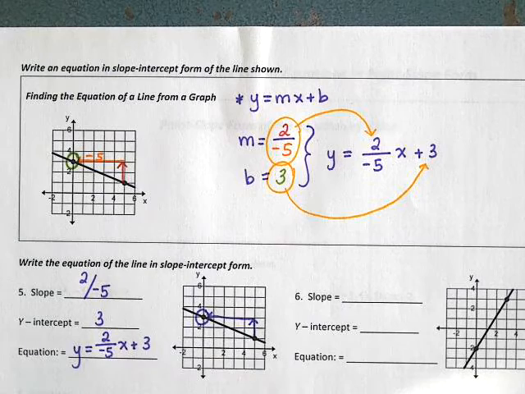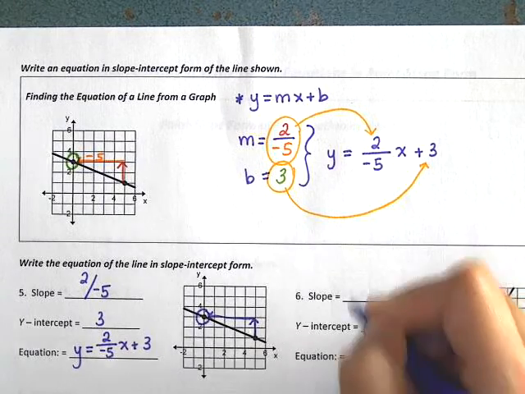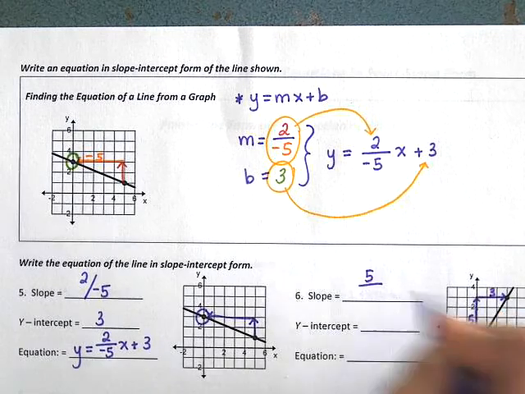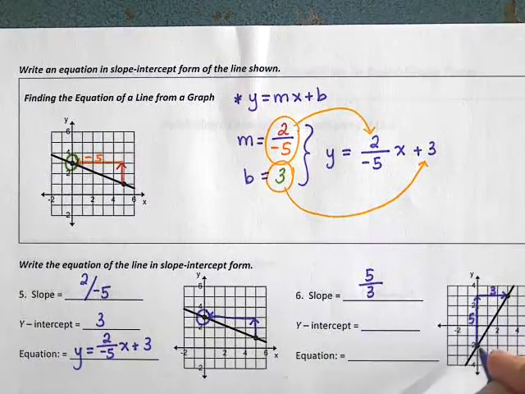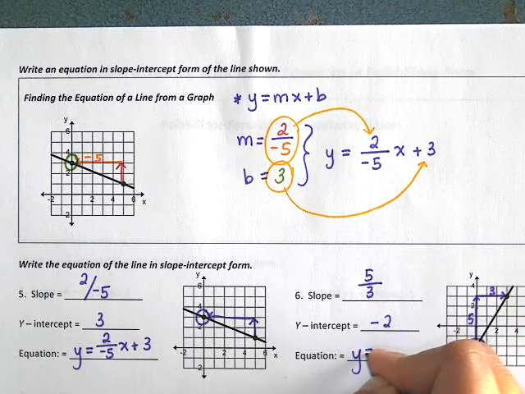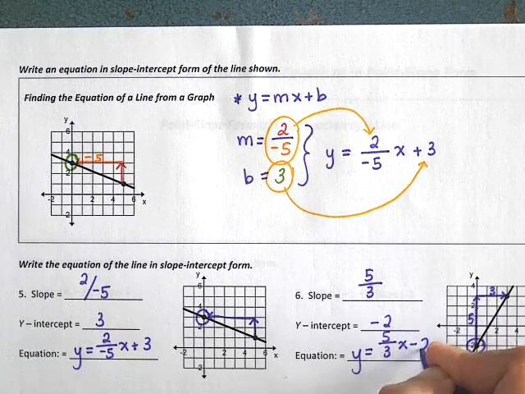In number 6, my slope would be rise 1, 2, 3, 4, 5. Run 3. Now I'm going up and I'm going to the right, so they're both positive. And my y-intercept would be -2. So I would get y equals 5 divided by 3x minus 2.